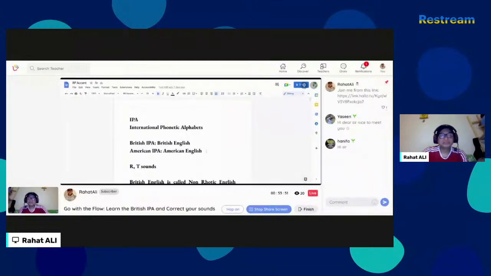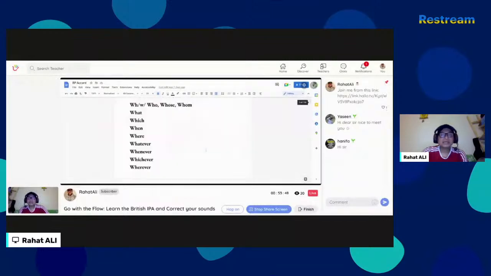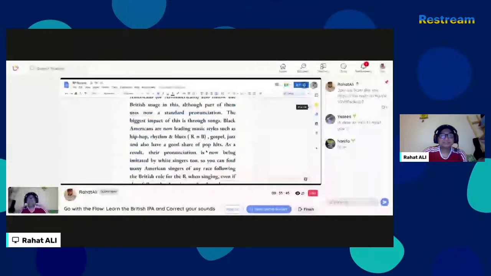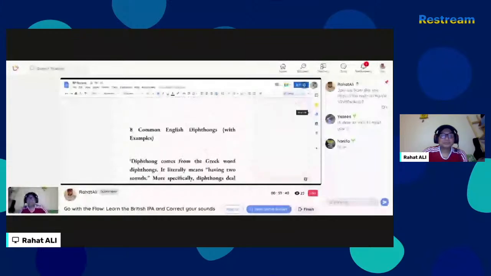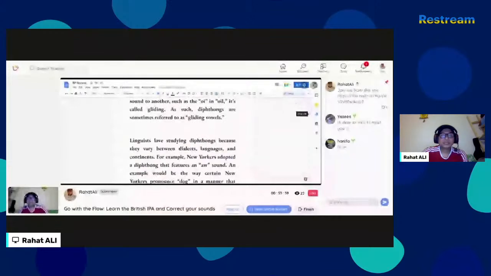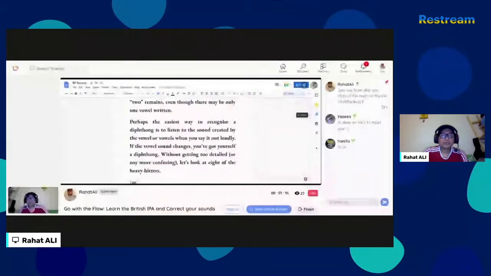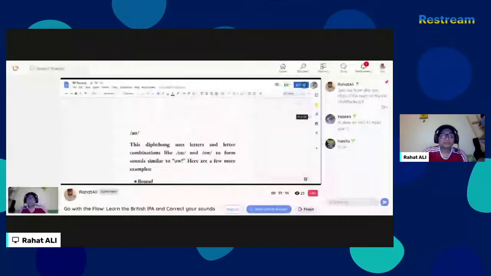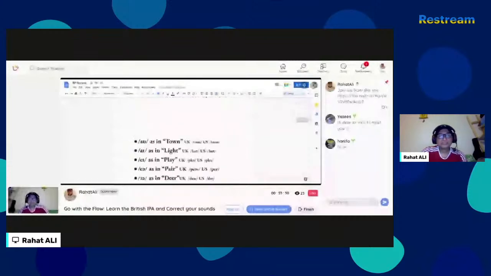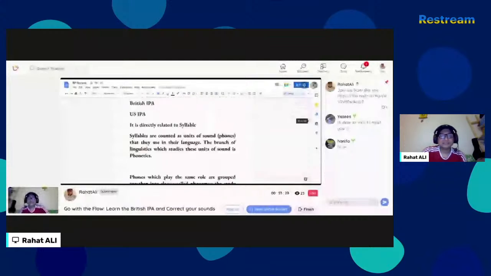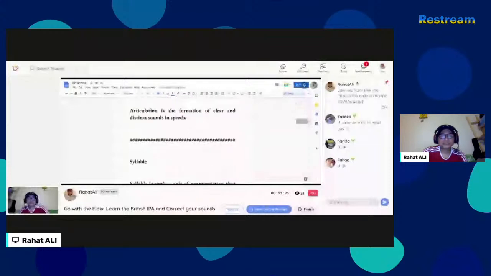If you remember, I've started explaining all the basic rules and guidelines of the British IPA. Today we're going to discuss the Schwa sound. We'll come back to monophthong and diphthong. It takes time to develop the Schwa sound.